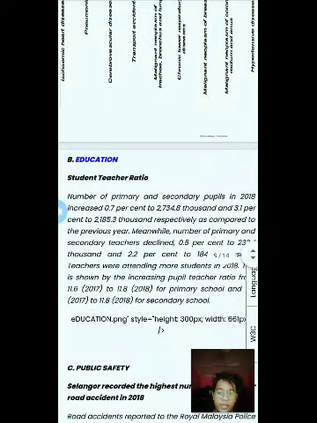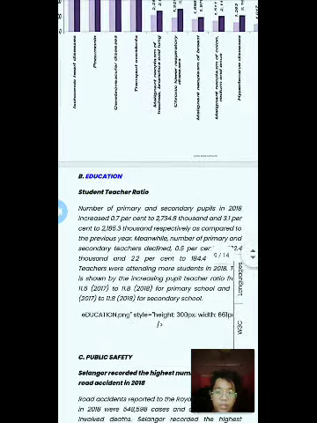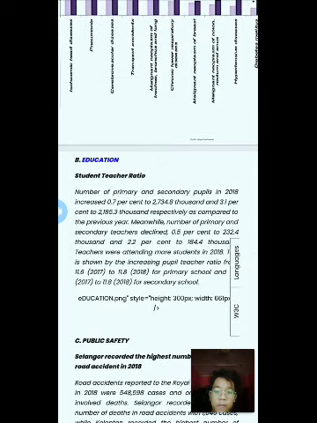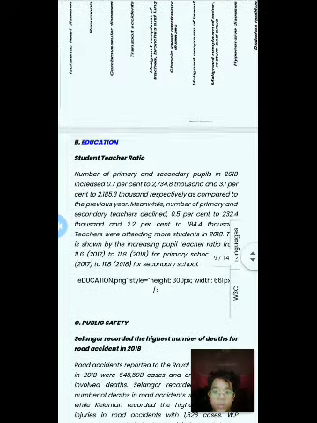For the next one is education. You can see the student-teacher ratio. The number of primary and secondary pupils in 2018 increased 0.7% to 2,734.8 thousand, and 3.1% to 2,185.3 thousand respectively, as compared to the previous year.